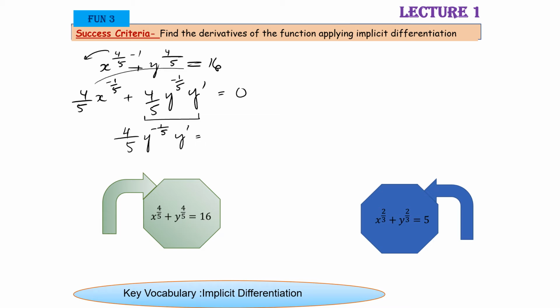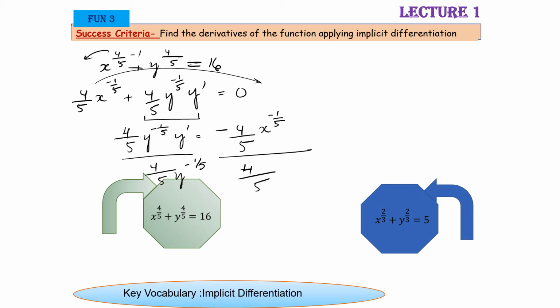Okay, bring it to the other side so the sign changes. You will get negative 4 over 5 x to the power negative 1 over 5. Divide both sides by 4 over 5 y to the power negative 1 over 5 to solve for y prime. So you can see on this side everything cancels out, and on the other side 4 over 5 cancels out.